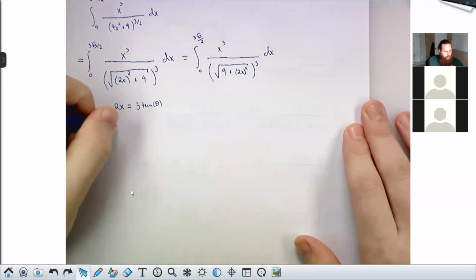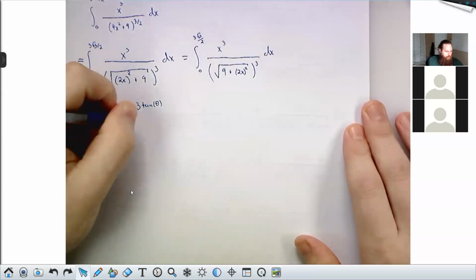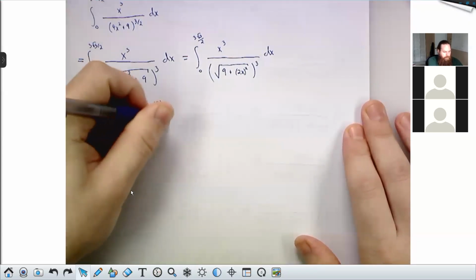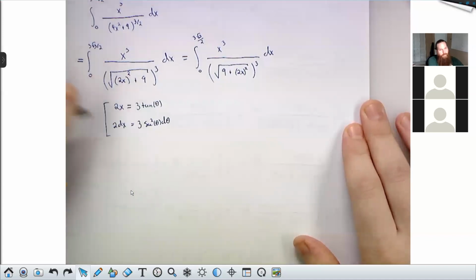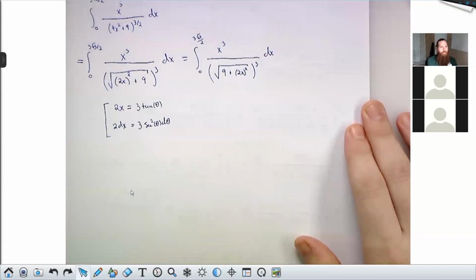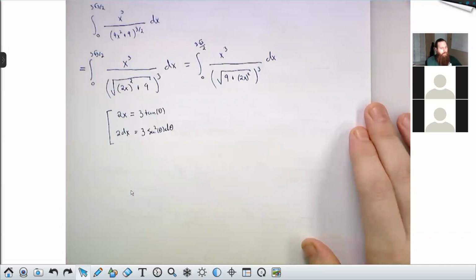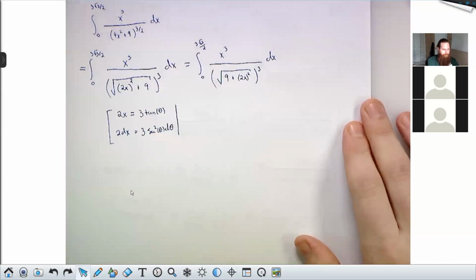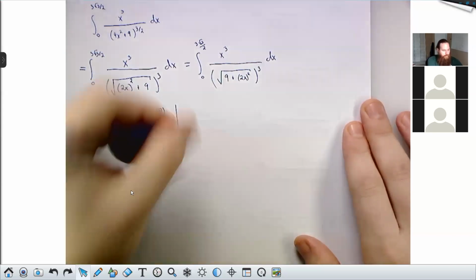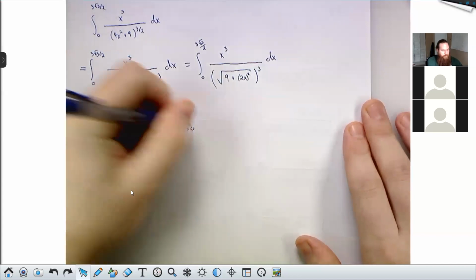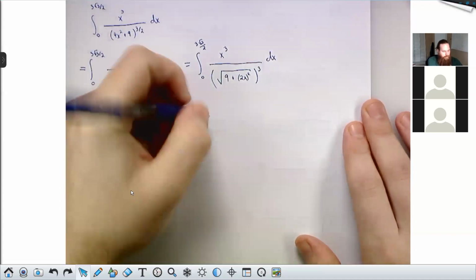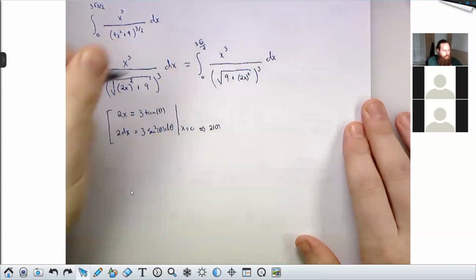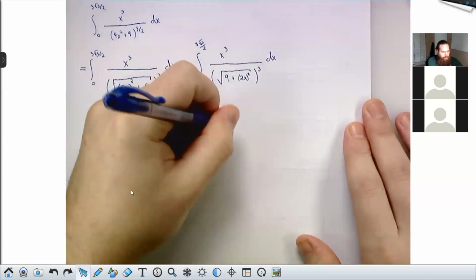So now taking differentials, 2 dx is equal to 3 secant squared theta d theta. Also here, because this is a definite integral, I need to change my bounds. When x is equal to 0, I'll have 2 times 0 equals 3 tan theta.